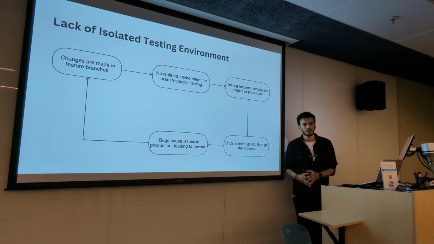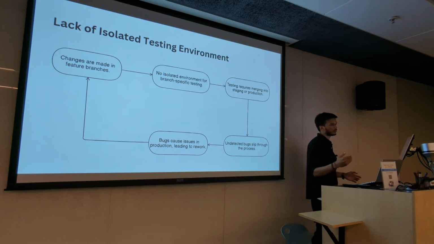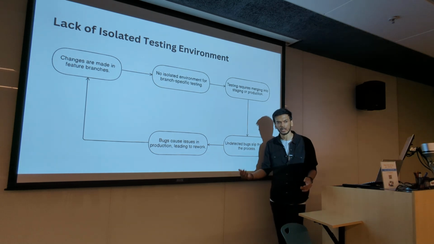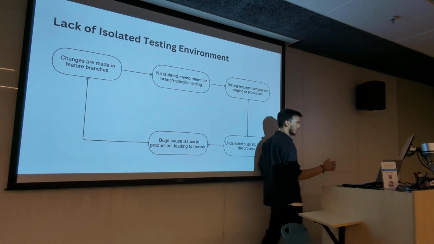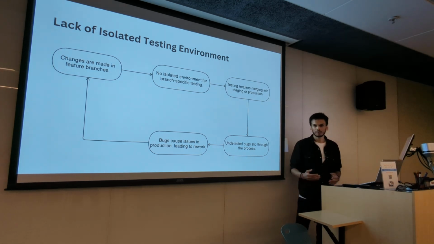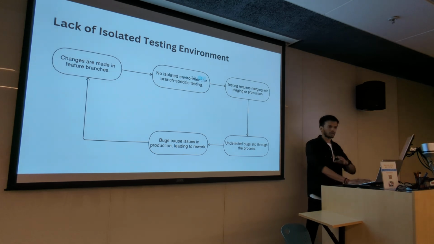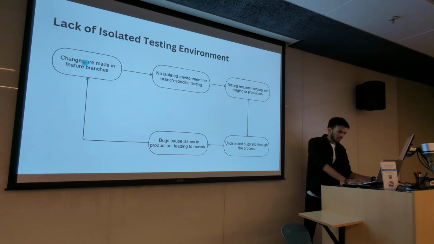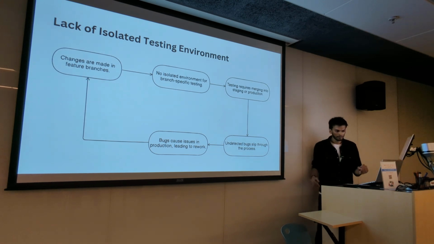What does lack of isolated testing environment mean? Let's say you're working in a team where you have 4 or 5 developers working on a single repo and single project, right? Now someone from the stakeholders, or maybe a user, requests some feature, right? So let's say some developer started working on some X feature. That developer created a new branch from the development branch and started working on it, right?